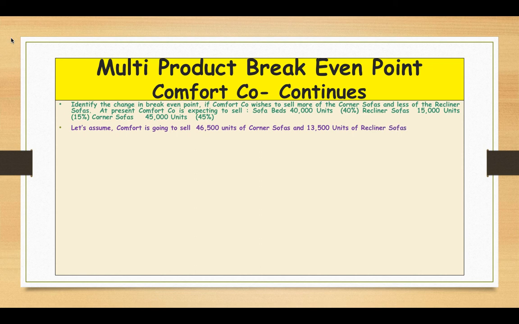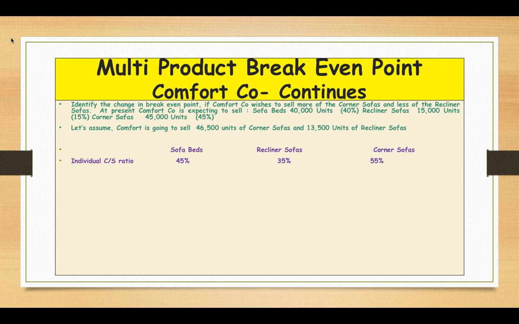So let us assume Comfort Company is going to sell 46,500 units of corner sofas, that is 1,500 more units, and 13,500 units of recliner sofas, that is 1,500 fewer units. So this means they have taken 1,500 units off the recliner sofas and increased the production of corner sofas by 1,500 units.